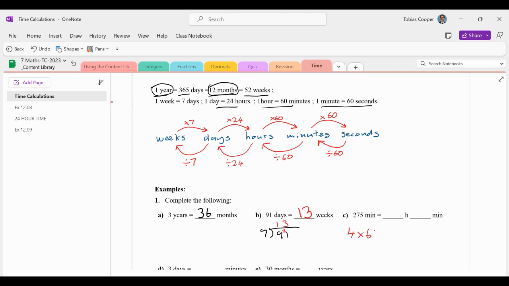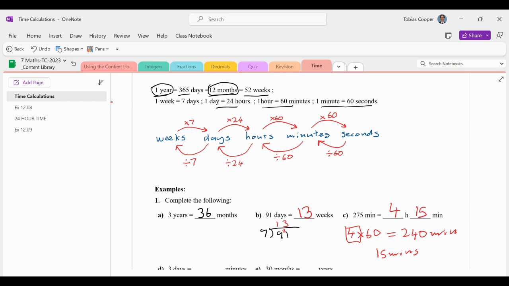Well, 4 lots of 60 gives me 240 minutes. I need 275 minutes. So that means I've got 15 minutes remaining from that 275. So 4 lots of 60 is 4 hours. It's going to be 4 hours there, and minutes will be 15.